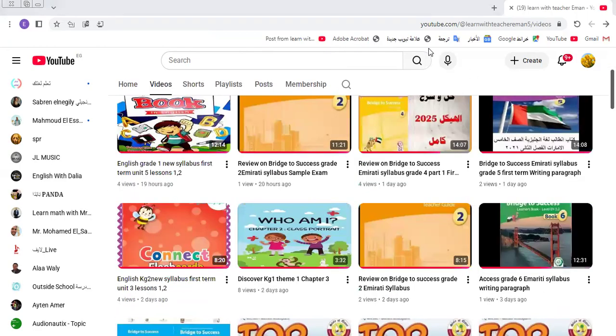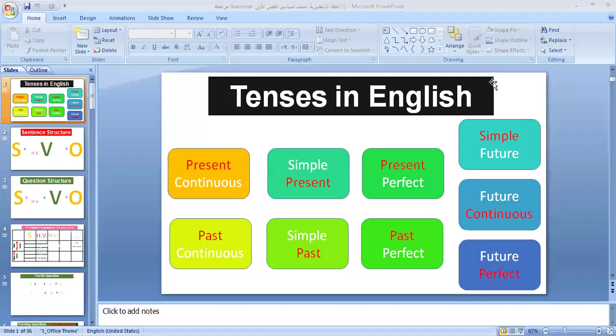Let's go to our review today. Today I will make a quick review on what we learned in the grammar section. Here we talk about tenses, and we know the kinds of tenses that we have in English. In English, we have many tenses.